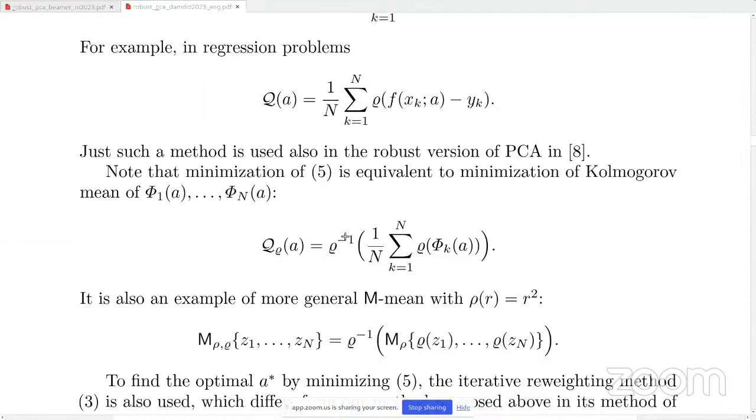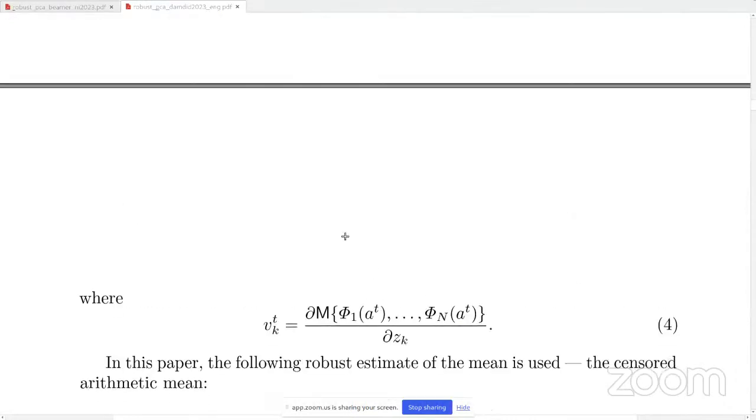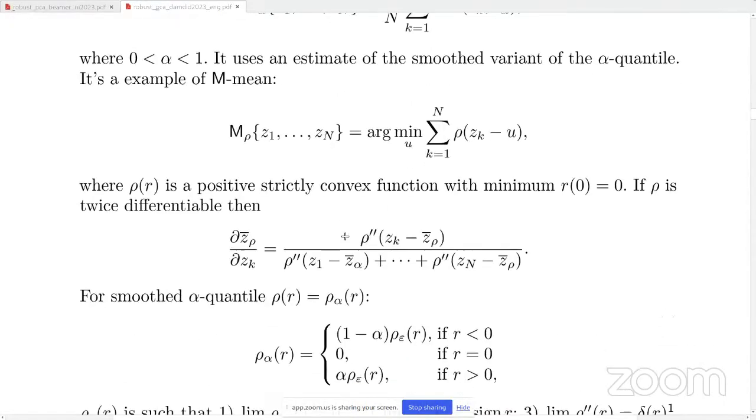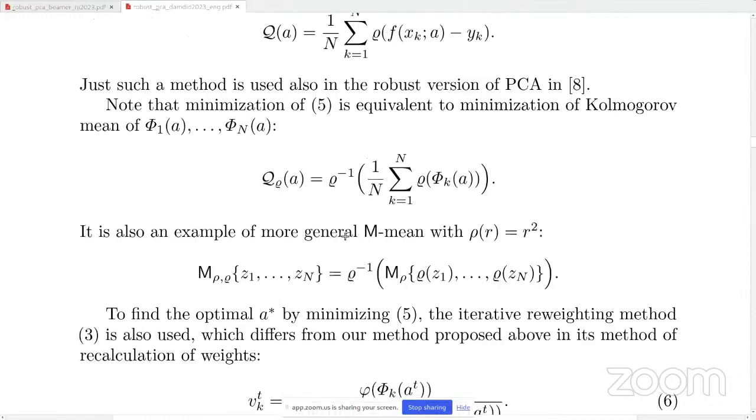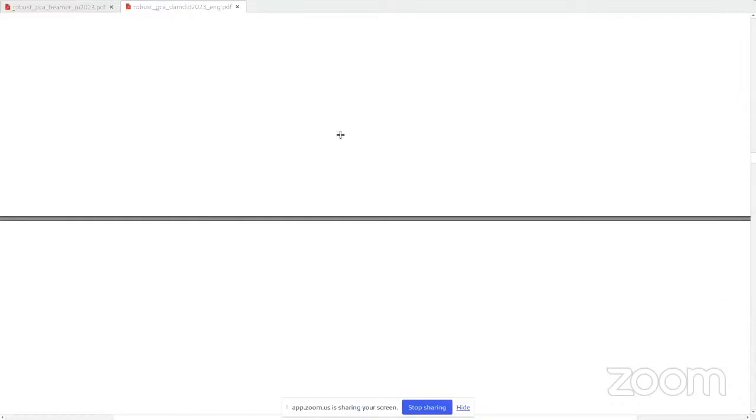This method we use to formulate the robust variant of principal component analysis. So in the formulation for the task of finding the center of the cloud of points, we replace the mean estimation by the robust variant of the mean estimation.